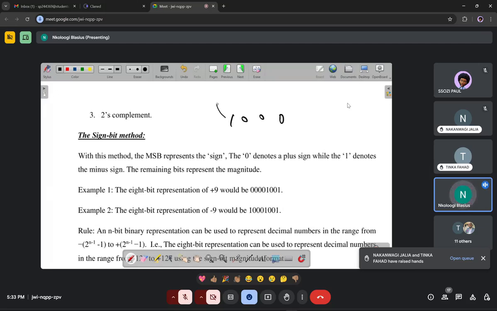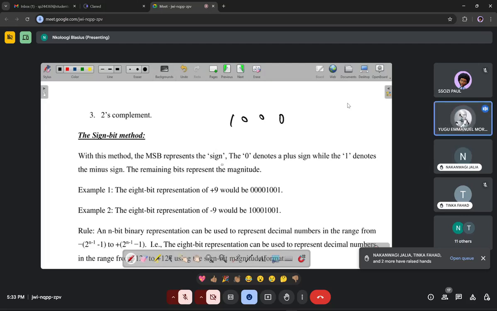Where is the MSB and where is the LSB? I don't understand how to get the LSB and MSB. Do you know what MSB stands for? No, sir.